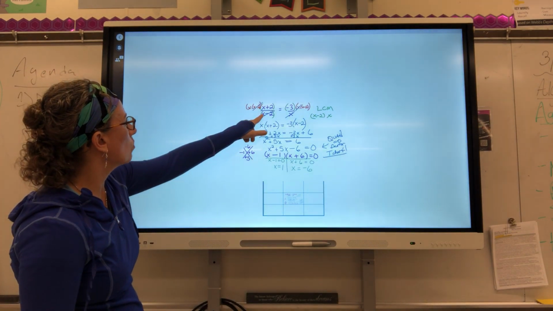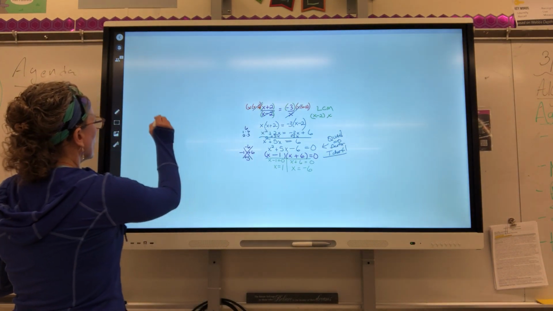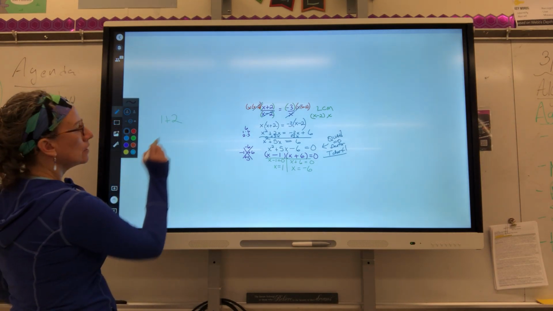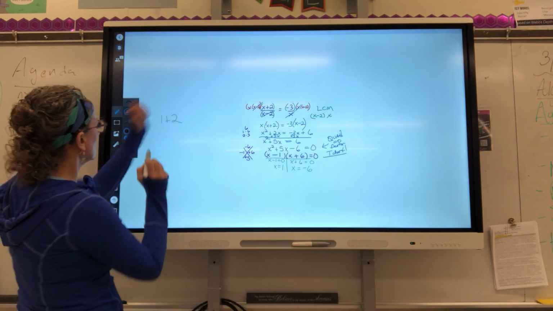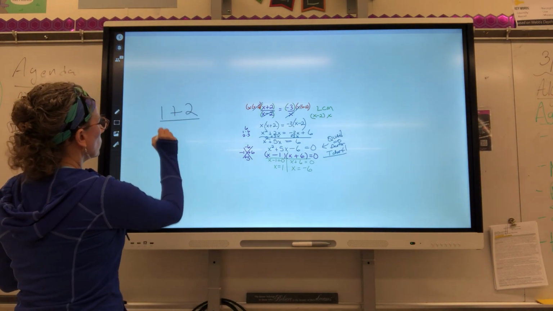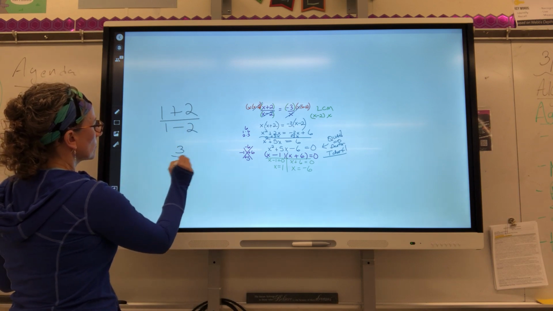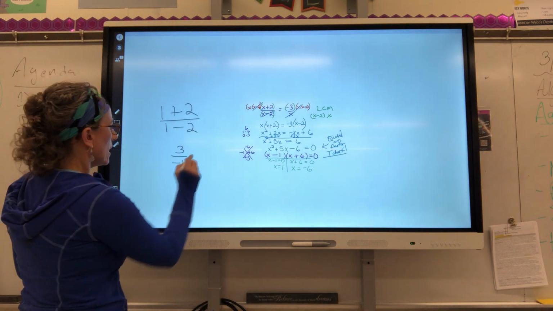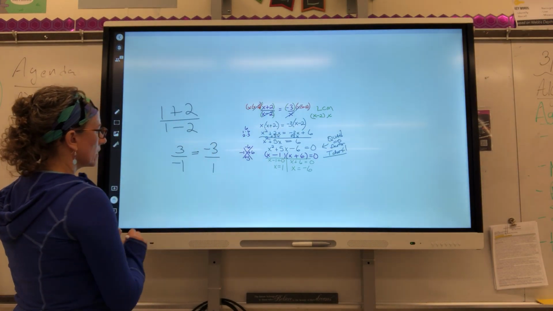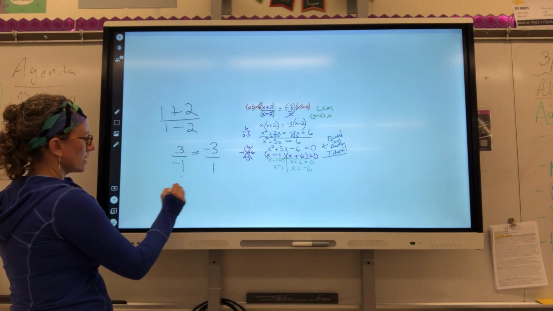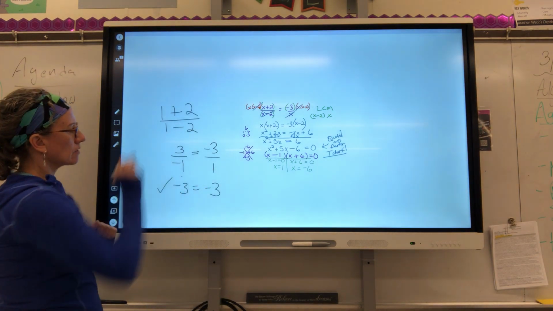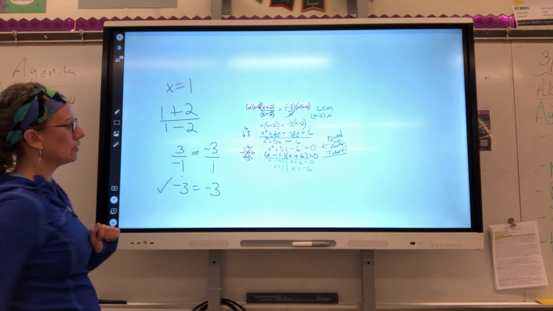And if I plug 1 in here, 1 plus 2 divided by 1 minus 2 is a 3 over negative 1. And if I put a 1 in here, I get 3 over negative 1 is negative 3. Negative 3 over 1 is also negative 3. So my x equals 1 checks out, and I'm good.